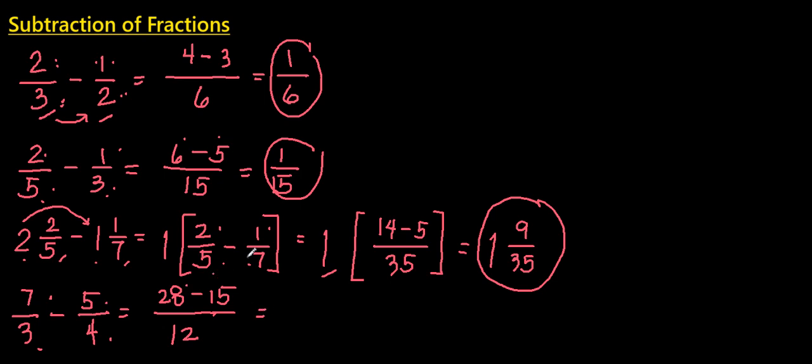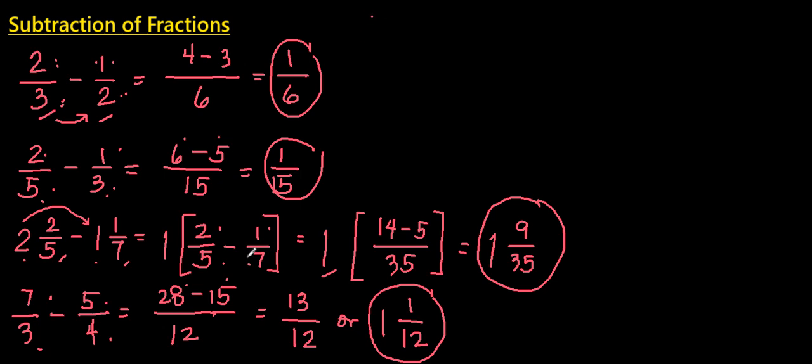So 28 minus 15, 13 over 12. The answer is an improper fraction, but we can simplify it to a mixed number. 1 and 1 over 12. So this is the final answer.